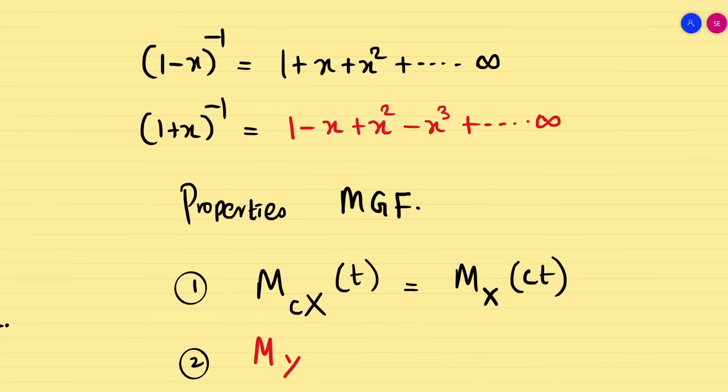Then if you have X plus c, where the constant is added instead of multiplied, it is e power ct into M_X of t. The proof is not very tough, but it is not needed right now.